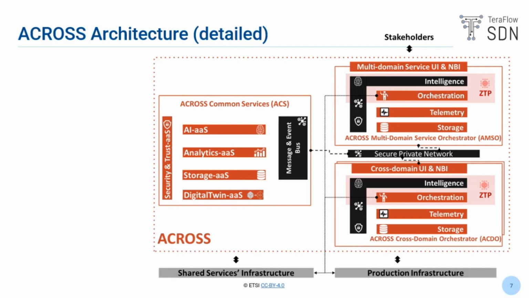I will jump now to the detailed view of this architecture. Essentially you see the cross-domain orchestrators, you see the multi-domain orchestrator, and also we have the common services block. You see that the architecture for this multi-domain and the cross-domain is based on the ZSM architecture, the ZSM framework.